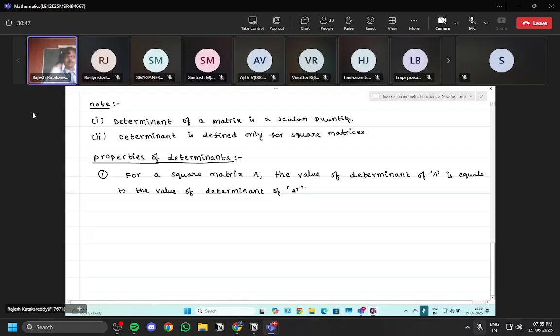Determinant of a matrix won't be affected even though we are taking transpose. This property says determinant of A transpose is equal to determinant of A.